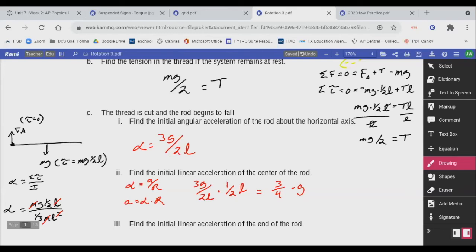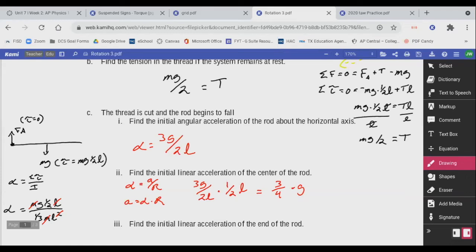Mr. Watley, how did you get the moment of inertia for the initial angular acceleration? Like the denominator of that, where you cross the stuff out. Oh, on my left, you're talking about the left margin. Yes, the denominator.